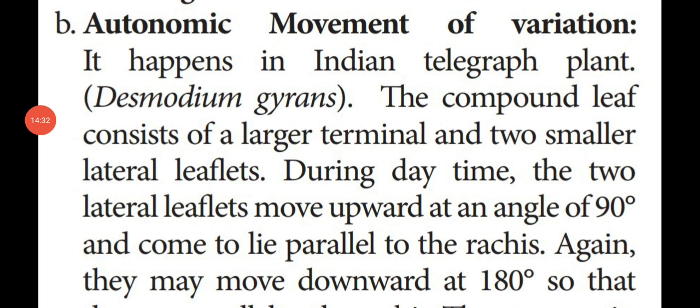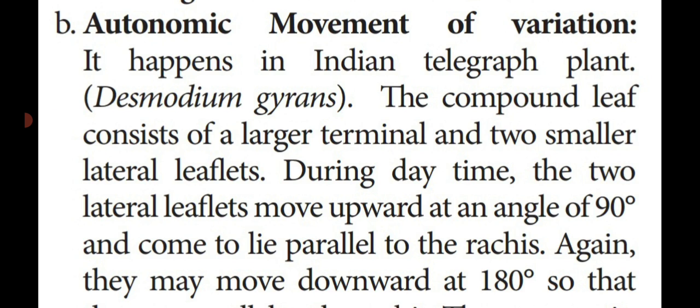The next type is autonomic movement of variation. This autonomic movement takes place in the Indian telegraph plant. Important one mark question: Desmodium gyrans. Underline it in your textbook. This plant contains a compound leaf, which means it has a common rachis with lateral leaflets, for example the neem tree.